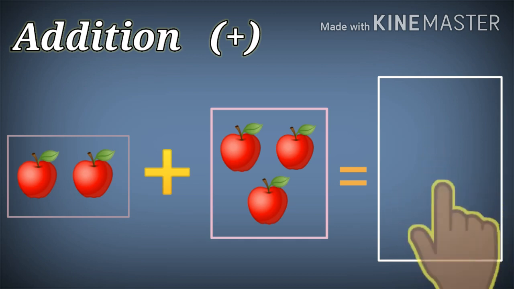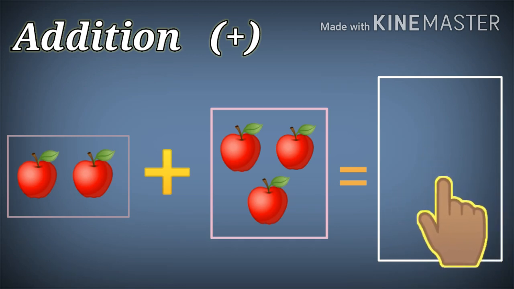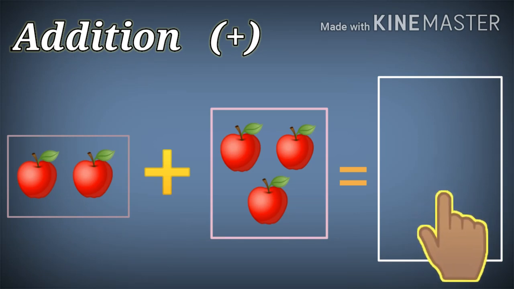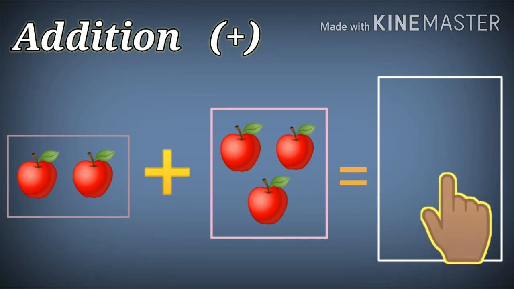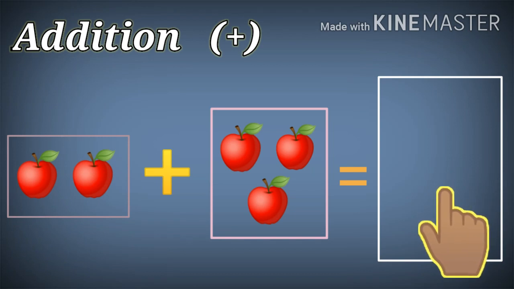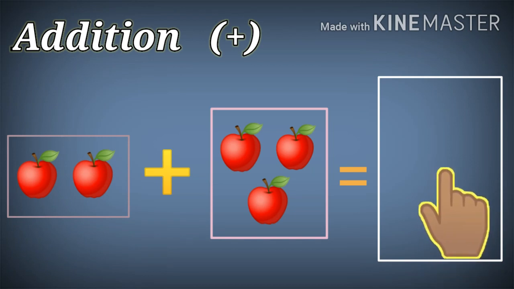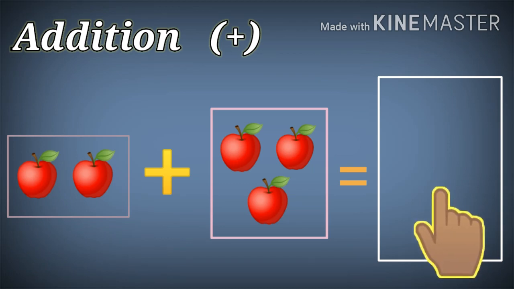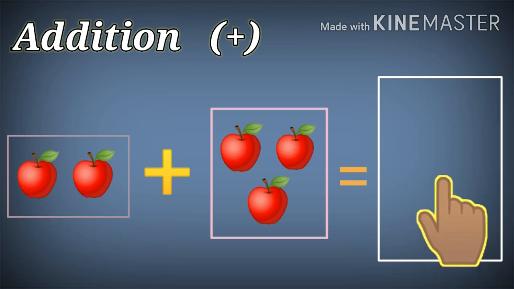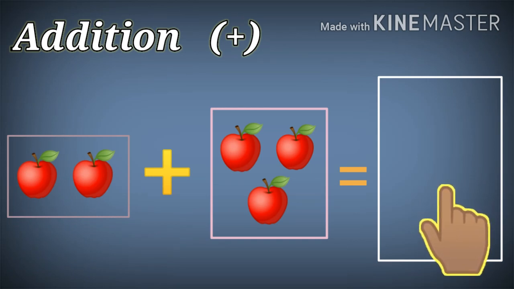Children, look at this box. This box is for the total number of objects, or total number of apples. How many apples do we have altogether? We have 5 apples. So, 5 apples will come in this box.